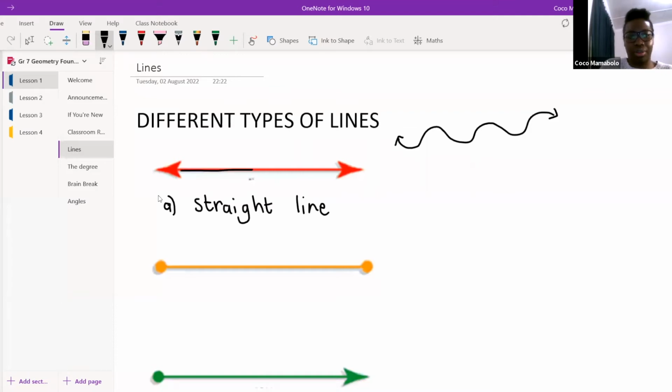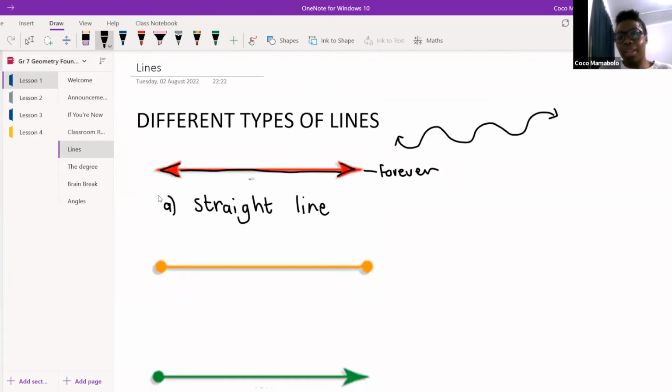Not like my line, not quite straight, okay? But I know because of these arrows on the side that my line keeps going forever. Those arrows tell me that my straight line keeps going in that direction and that direction, and it keeps going, okay?